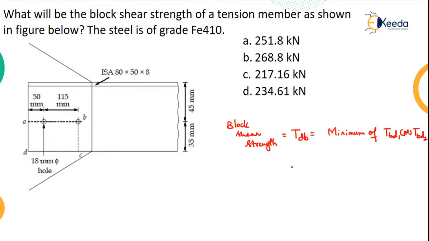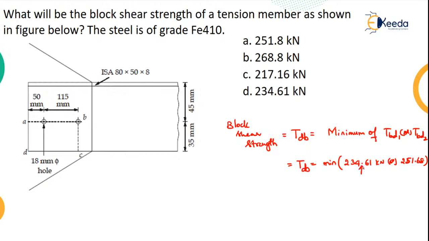Now what do I have to do for finding the block shear strength? The block shear strength is the minimum of, what is the first value we got? We got it as 234.61 kilonewton, or the second value we got as 251.68.